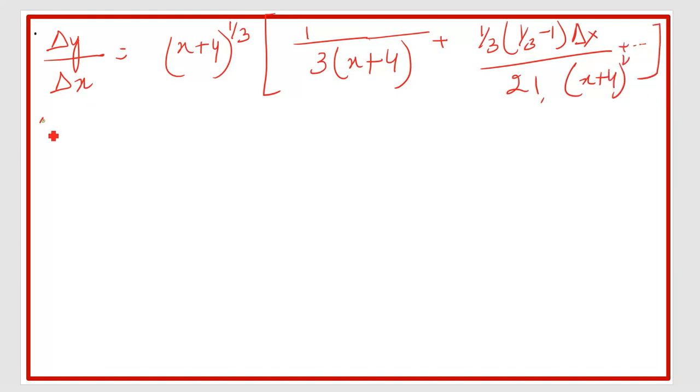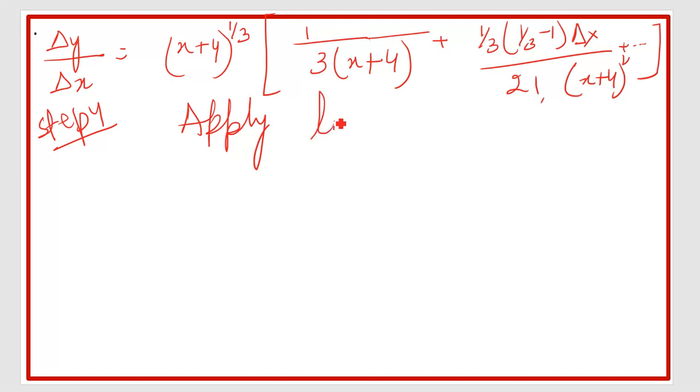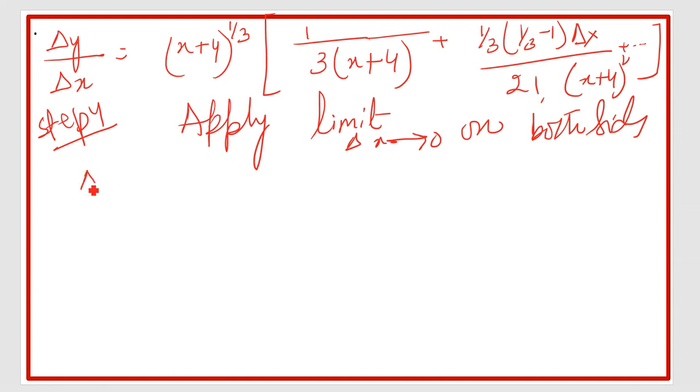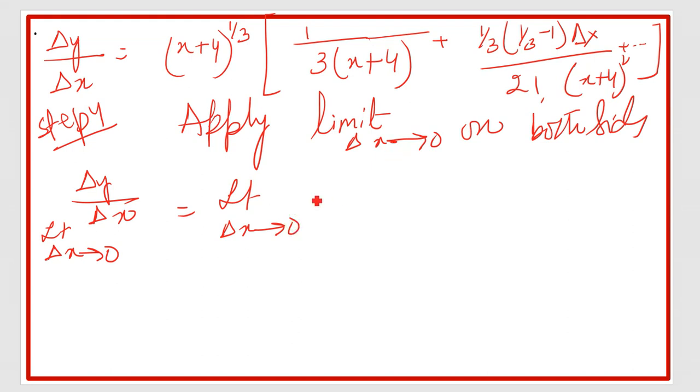Right, now we will do step number 4, and in step number 4 we apply limit delta x tends to 0 on both sides. So here delta y over delta x, limit delta x tends to 0, is equal to limit delta x tends to 0, we have to apply.